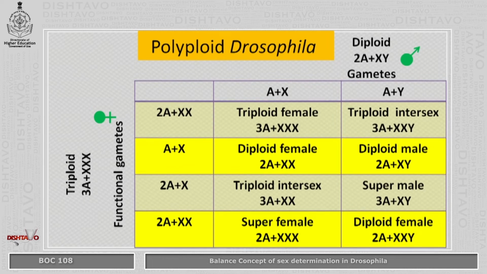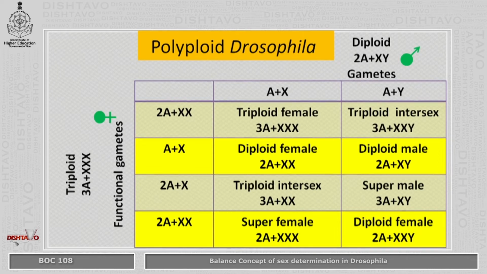When the female with gametes 2 autosomes and 1 X chromosome is crossed with the diploid male having the gametes 1 autosome and 1 X chromosome, it would result in an offspring which is a triploid intersex, having 3 autosomes and 2 X chromosomes.